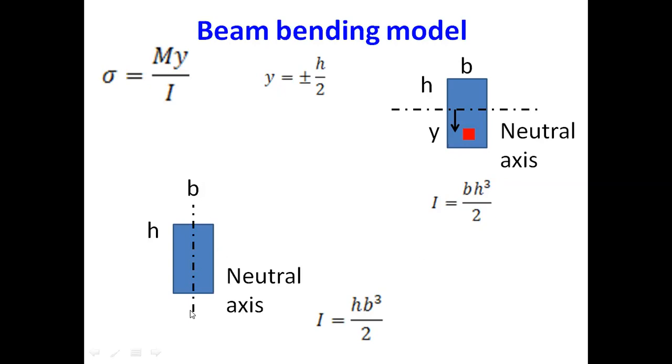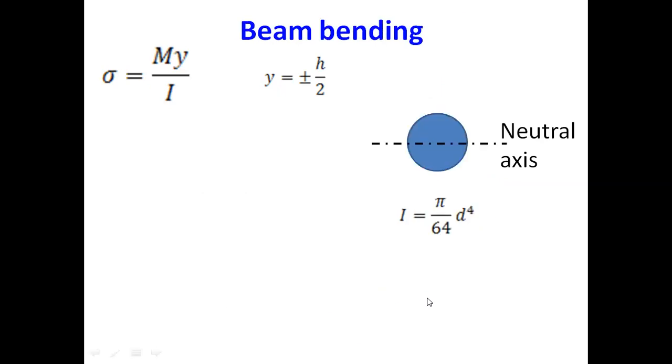If it passes through b, then you have to put cube on b. If the beam is circular in cross section, and the neutral axis passes through the center of the cross section or centroid of the shape, then the second moment of area is pi by 64 d to the 4.